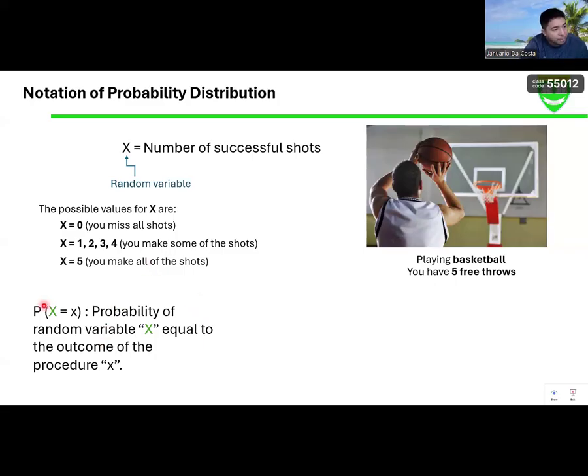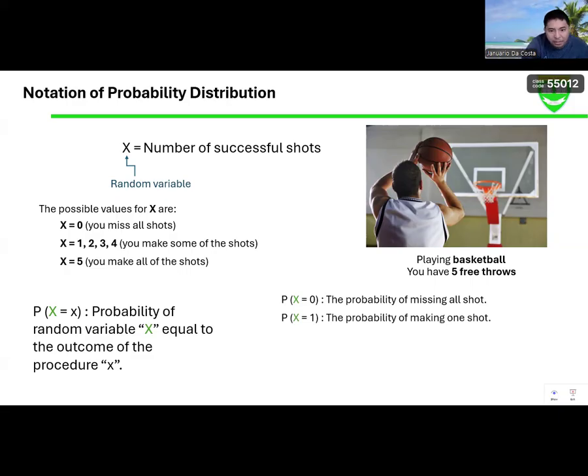Okay? So the probability of big letter X equals small letter x. The small letter x is either 0, 1, 2, up to 5. The small letter x is the outcome of the procedure. The big letter X is the random variable. Okay, so therefore, if I write the probability of X equals 0, that means the probability of missing all shots.